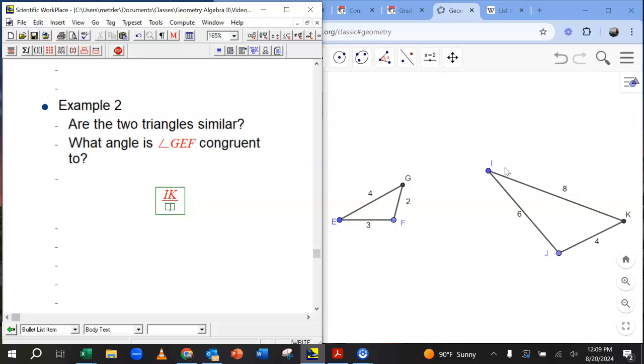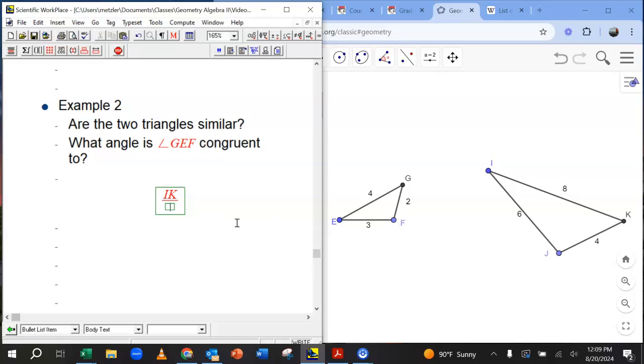But we can notice that that's the longest of these three sides. If that's going to match up, that should correspond to the longest of these three, right? So it wouldn't make sense to take the ratio of IK, the longest in the big triangle, with either EF or FG, because those clearly aren't going to be the matching parts.